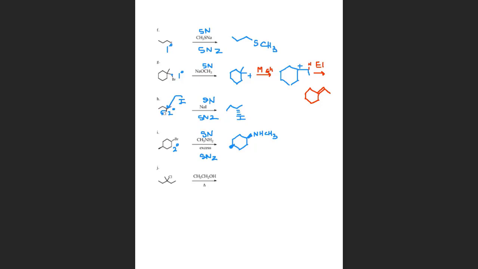All right, and now let's go to the next one. This is a tertiary, right? And it is a pretty weak nucleophile. Anytime it's an OH, it's usually a weak nucleophile.